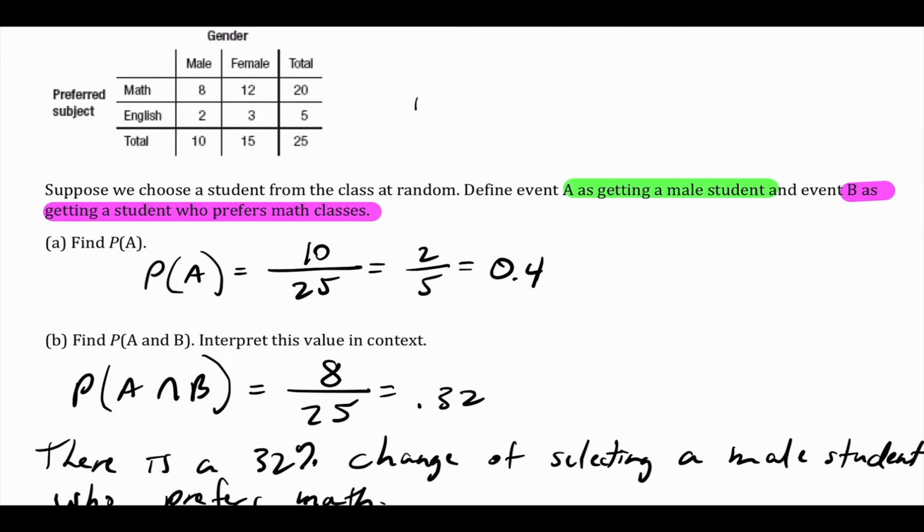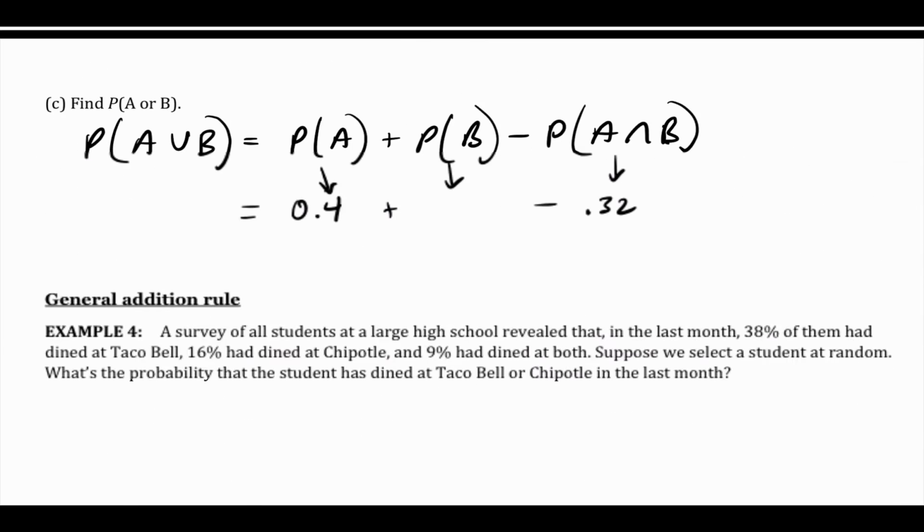Students who prefer math, the total is 20 out of 25, which is 4/5, which is 0.80. So now I'm going to put that in for B, probability of B.